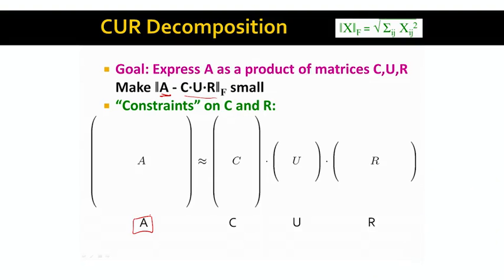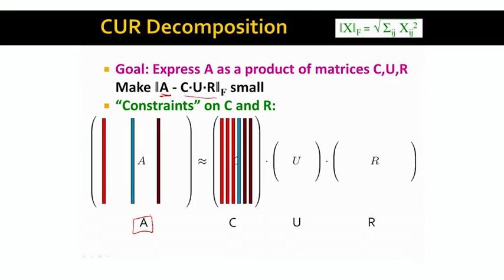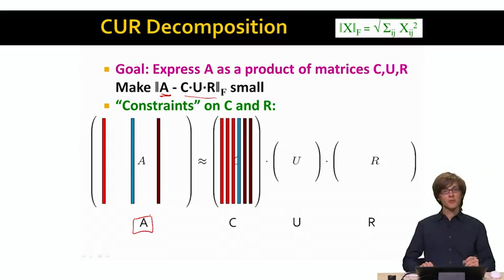So let's see how we are putting constraints on C and R. So the idea is the following. The constraint on our matrix C is that basically it has to contain columns from matrix A. So the way we will compose matrix C is that we will choose carefully, or using some algorithm, a set of columns from matrix A, and we will put those into matrix C. So our matrix C is simply a set of columns from A.